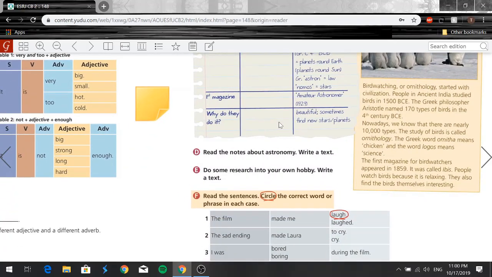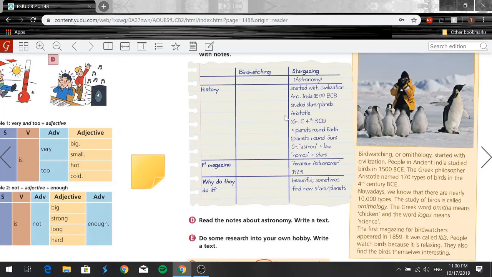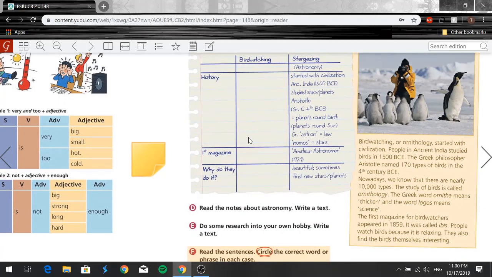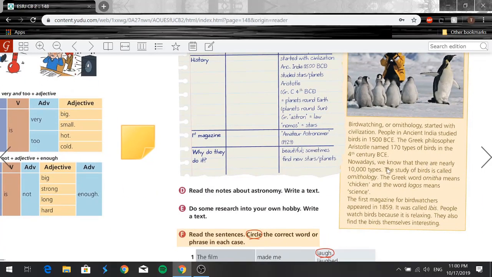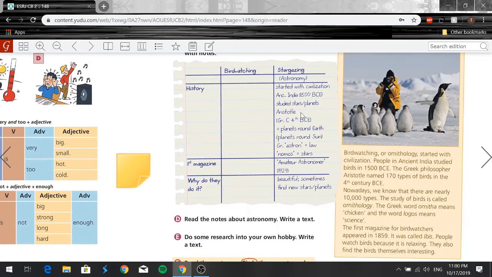Read the notes about astronomy. So here we have astronomy, similar to bird watching or ornithology. I want you guys to write a text, right? So basically, you guys see this small text here. Based on the notes that you have, write about astronomy, right? So for example, you could say that astronomy started with civilization, again.